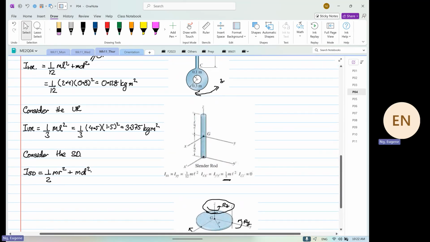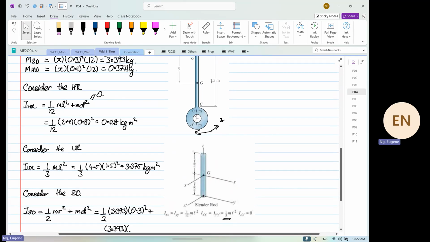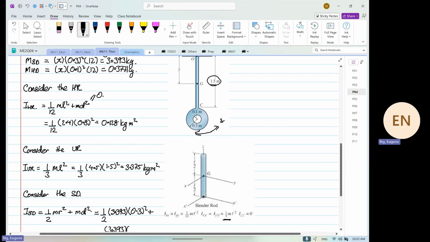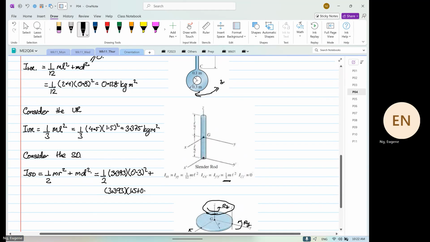The mass of the solid disk we calculated is 3.393, the radius is 0.3, plus the mass 3.393 multiplied by the distance squared. The distance is 1.5 plus 0.3, which is 1.8, and then you square.